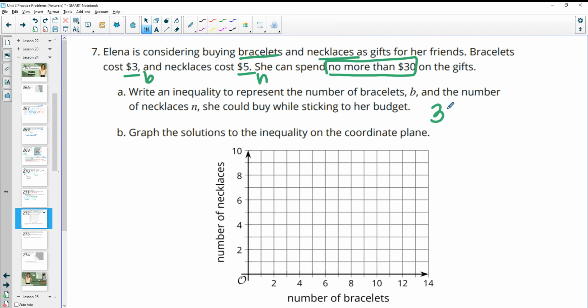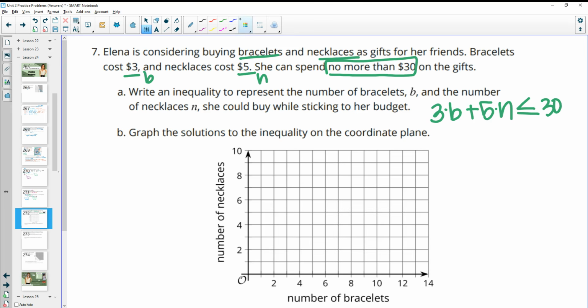So remember, it's $3 per bracelet. So 3 times every bracelet, so 3B, plus $5 per necklace, so 5N. And she can't spend more than $30. So she has to spend less than $30 or equal to it.